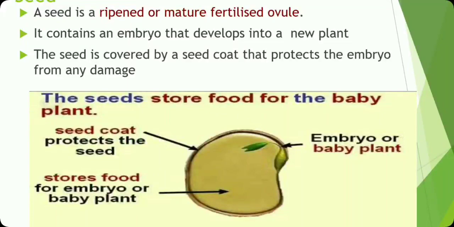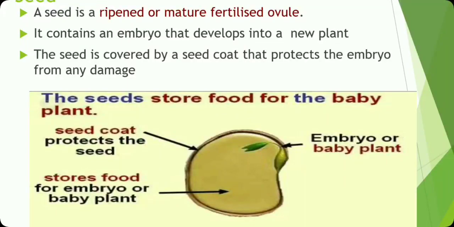Because it protects the embryo from any external damage, or from unfavorable conditions. Unfavorable conditions may be heat, cold, or different biological agents like microorganisms. From all these agents, the seed is protected by the seed coat.